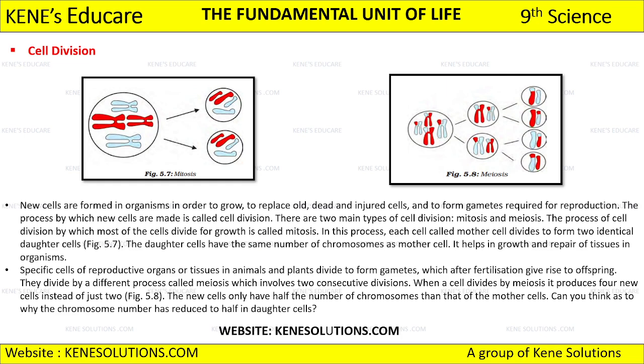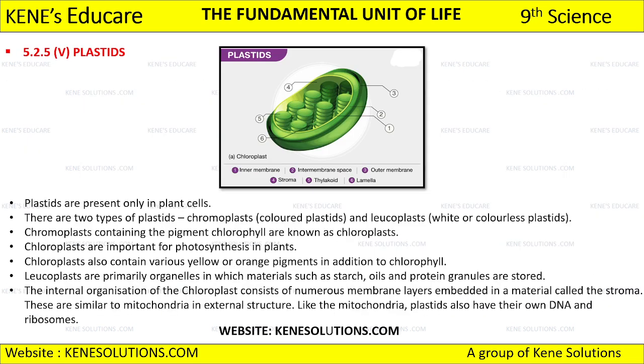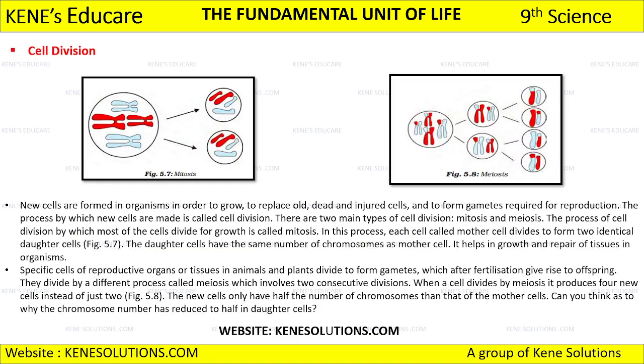So in one part, if I complete mitochondria, plastids and vacuoles, in the other class I can start with cell division, because the information on cell division is only given in two paragraphs, mitosis and meiosis, but it doesn't get completed here.